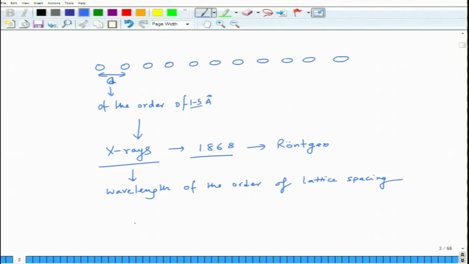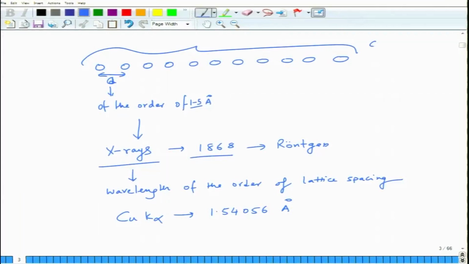For example, copper K alpha X-ray has a wavelength of about an angstrom, which is nearly the same order of magnitude as the lattice spacing. This was a major turning point in the characterization of crystals after Thomas Young's two-slit experiment.